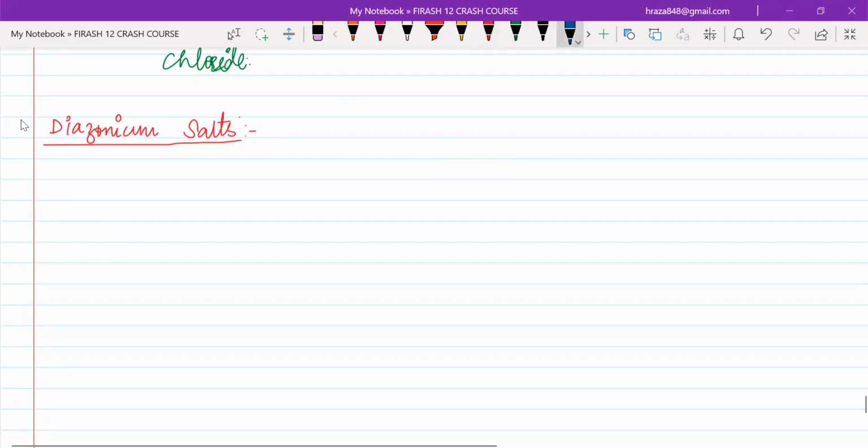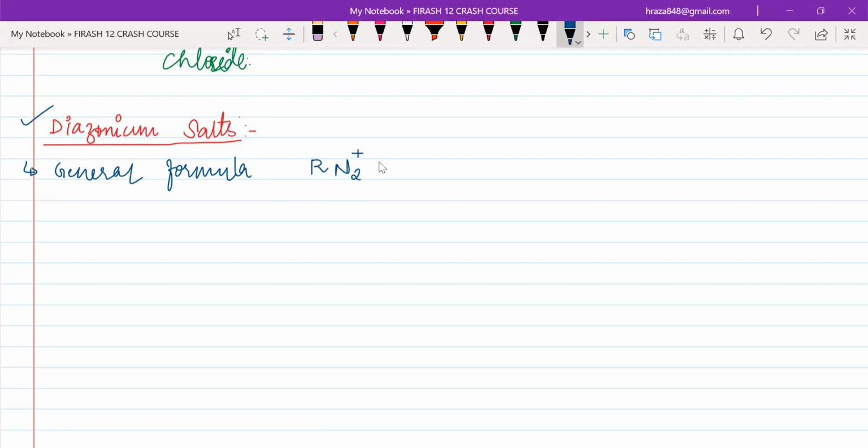The last topic of this chapter is diazonium salt. What is diazonium salt? The general formula of diazonium salt is R N2+ X-, where R is an aryl group, that means benzene.